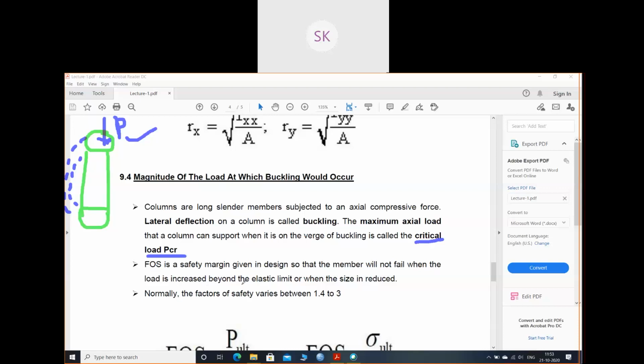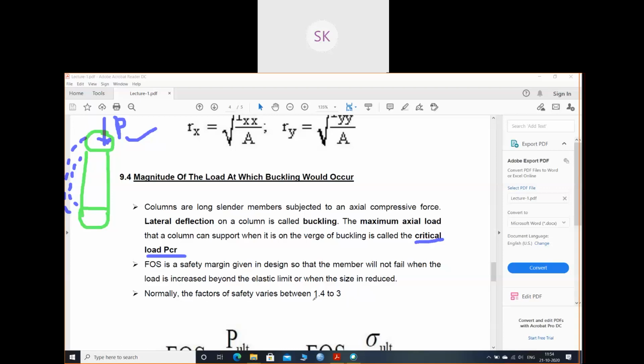Okay, FOS is safety margin given in design so that member will not fail when the load is increased beyond the elastic limit. So its elastic limit is 150. Suppose it can take 150 and I have designed for 180. Suppose it is getting 160. So it won't fail. So that ratio is called FOS. Normally the factor of safety varies between 1.4 to 3.